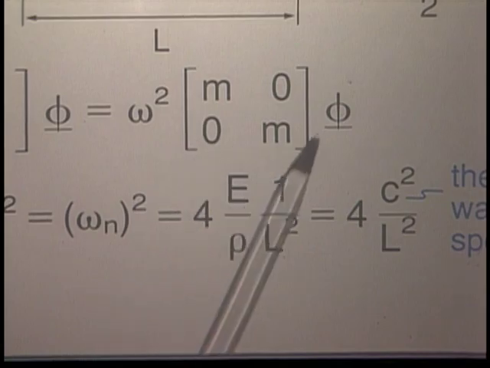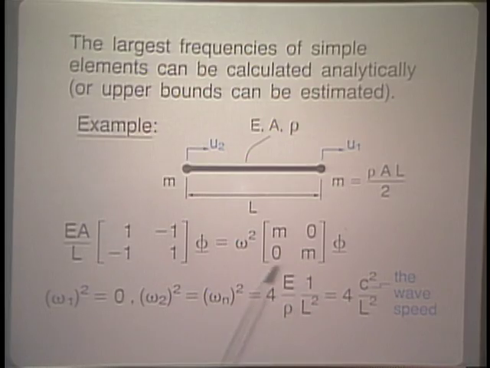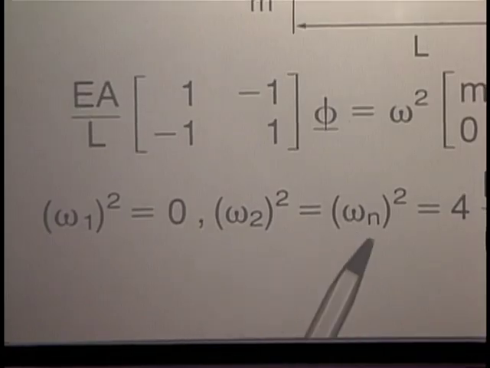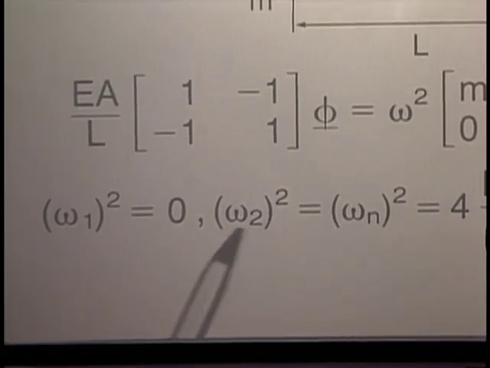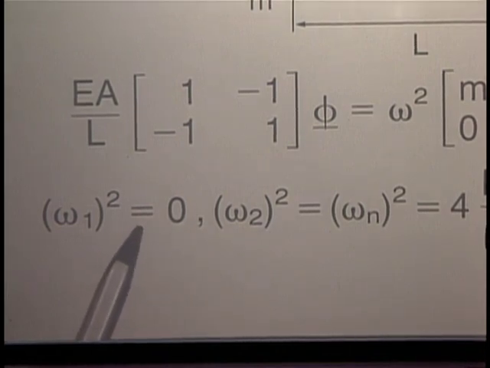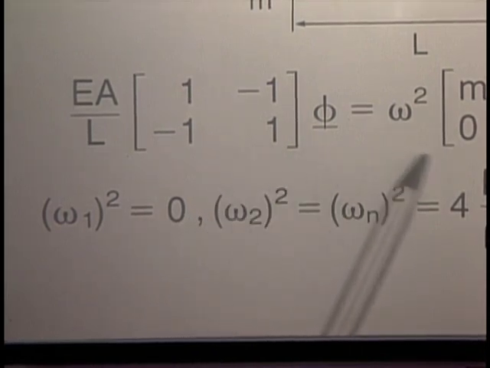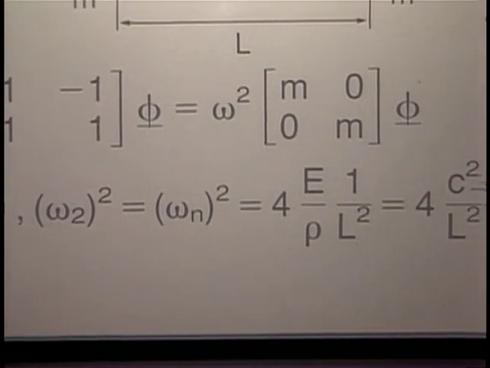And if we solve this eigenvalue problem, we obtain directly as the eigenvalues these two values here. There are only two, of course, because this is a 2 by 2 matrix, and so is that. So we have only two eigenvalues.